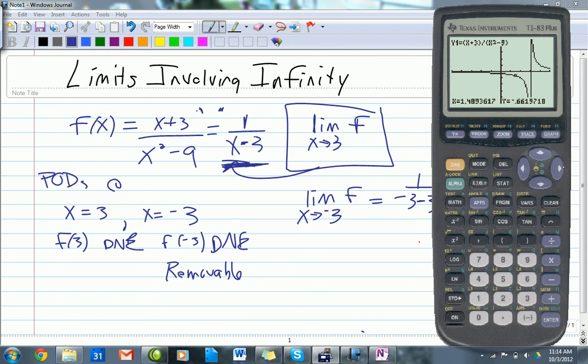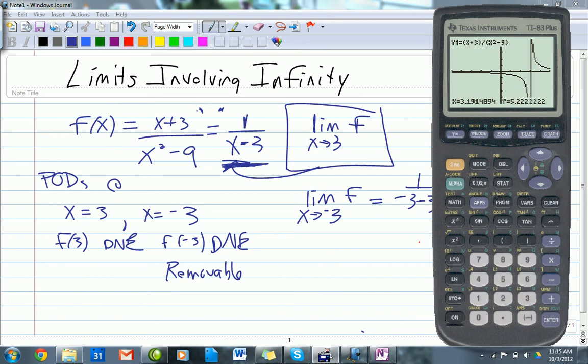In fact, the left-hand limit as x is going to 3 is negative infinity. From the right of 3, the right-hand limit, as x approaches 3 from the right, I shoot up towards positive infinity. Now I'm at the right of 3, moving towards 3 from the right, and we can see that y is going to shoot up infinitely.